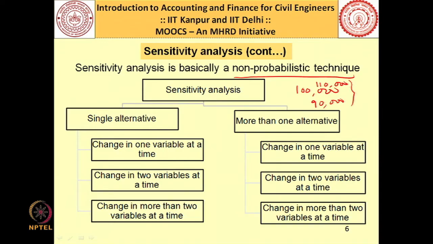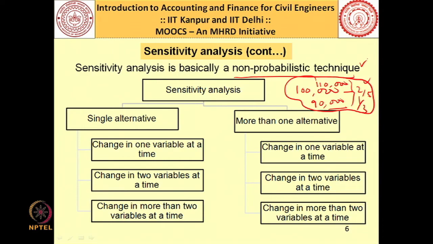So, that is it. We are not assigning that for 90,000 the probability is 1 by 3, for 100,000 the probability is 2 by 5 and so on. We are not at all assigning probabilities corresponding to the different possibilities of these variable values. So, in that sense it is a non-probabilistic technique.